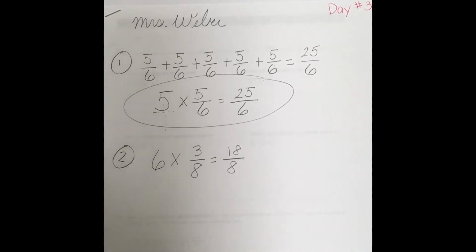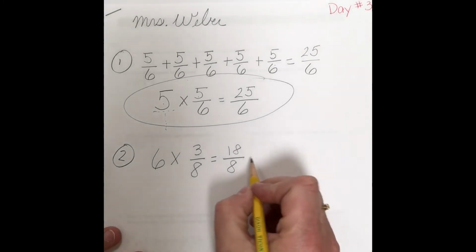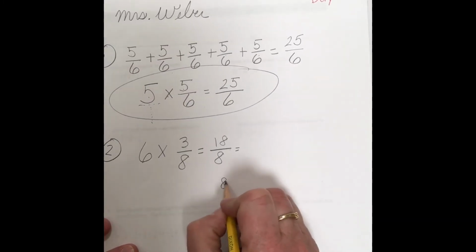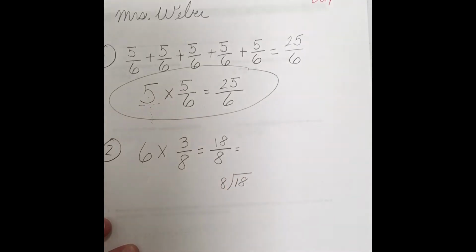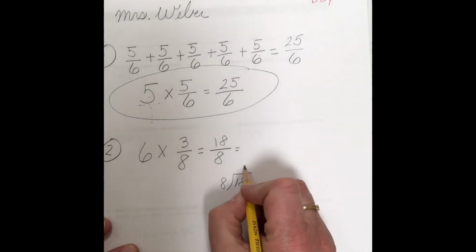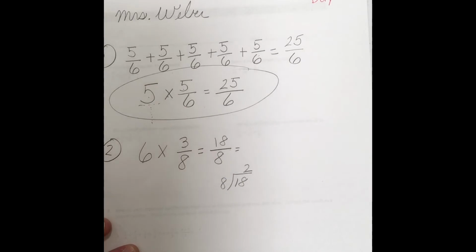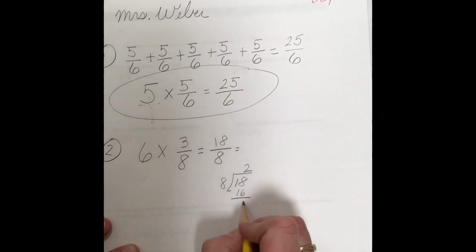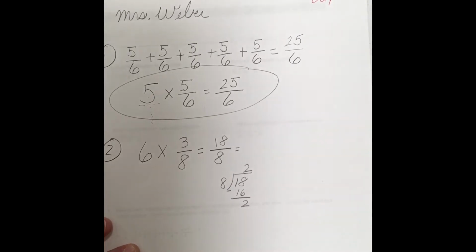You have learned 2 different strategies. You can either divide 18 by 8, or you can number bond. I prefer the division. 8 goes into 18 twice. 2 times 8 is 16. 18 minus 16 is 2. 2 is less than 8.